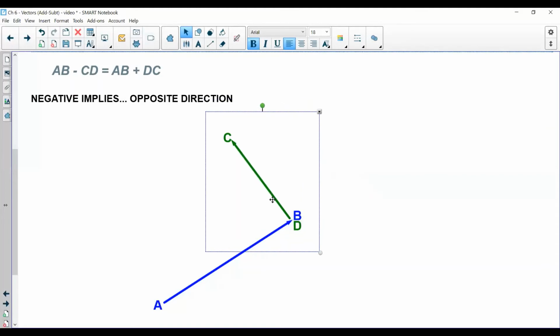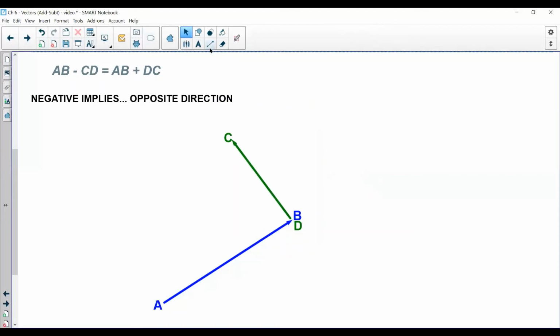And here's the result that you would get from a visual point of view. And then the overall resulting vector is here.